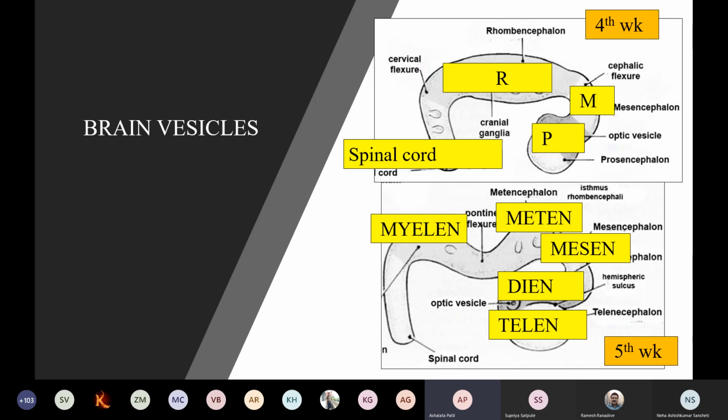The part continuous with the mesencephalon is called metencephalon, and the part adjacent to the spinal cord is called myelencephalon. So prosencephalon divides into telencephalon and diencephalon, mesencephalon remains as such, and rhombencephalon divides into metencephalon and myelencephalon. Myelencephalon becomes continuous with the spinal cord.